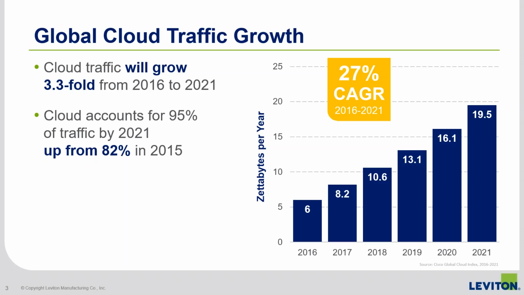So you see the constant growth year over year. The forecast is that by 2021, 95% of all traffic will be cloud-based, an increase over 82%. So again, a lot of cloud traffic is going that way.